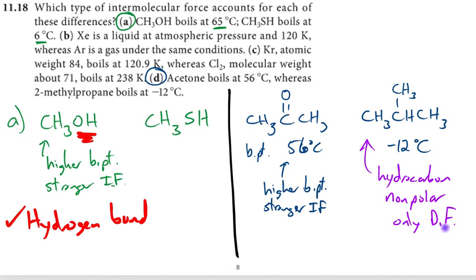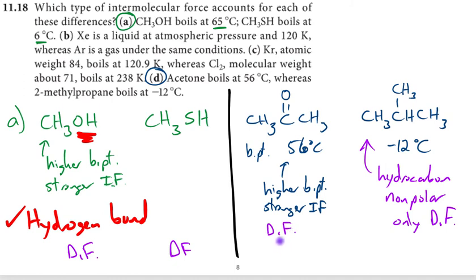Remember, all molecules have dispersion forces. So this one definitely has dispersion forces. I could have said the same thing here, I just didn't. I'll do it now. All molecules have dispersion forces. Like this methanol has dispersion forces and hydrogen bonding. 2-methylpropane only has dispersion force.